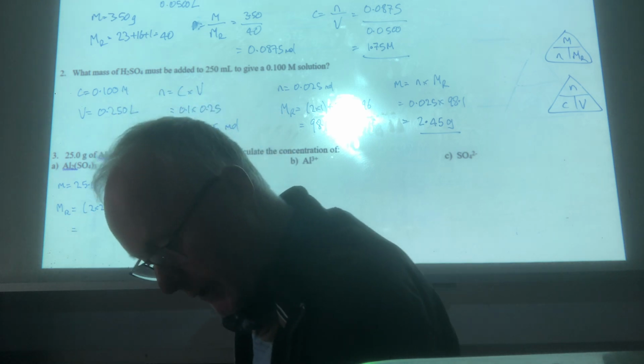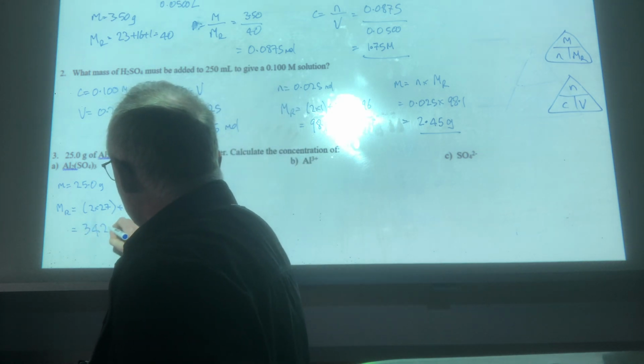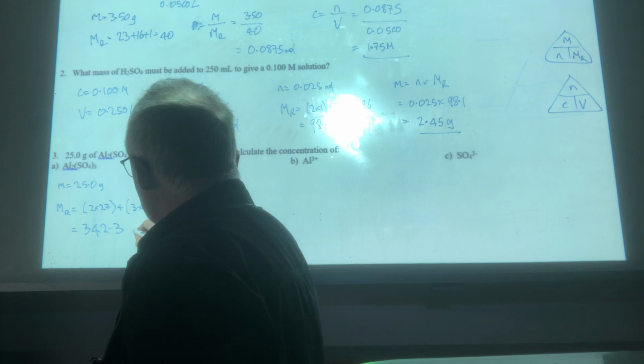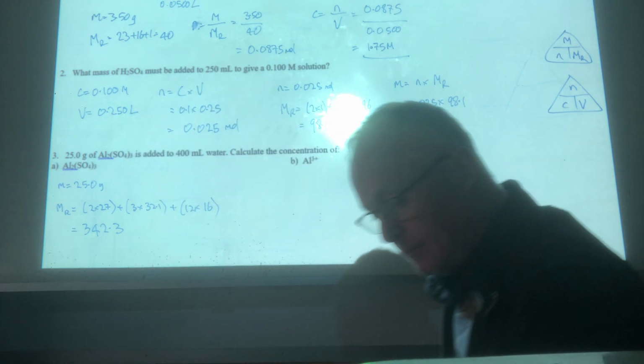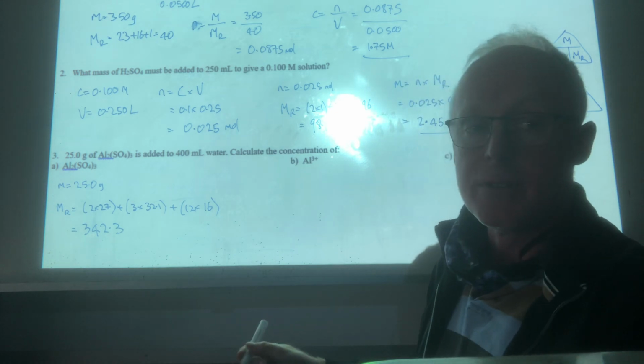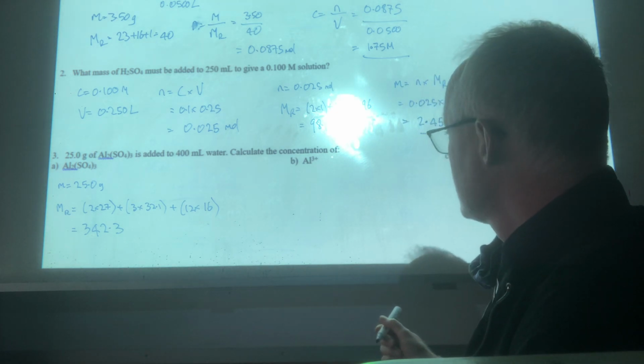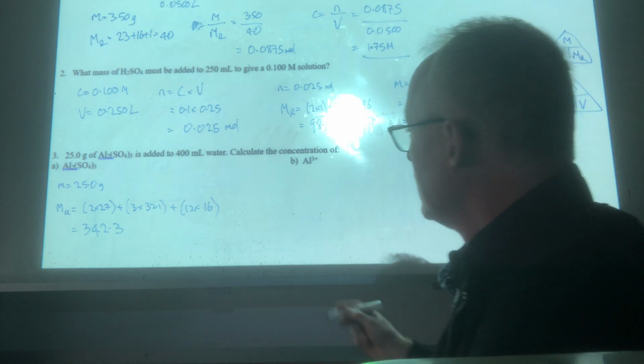Get all that right on your calculator and you should get 342.3. It's a useful opportunity just to reinforce the fact that you need to be using a scientific calculator for these sorts of things, just to get the practice on it.